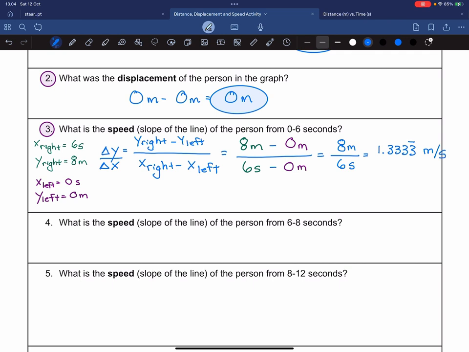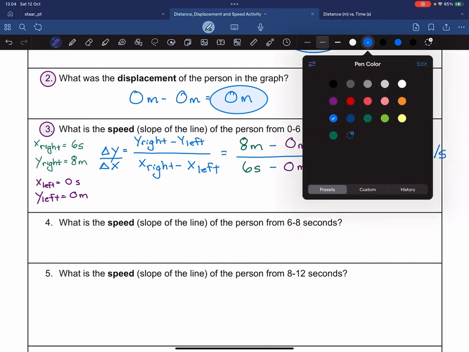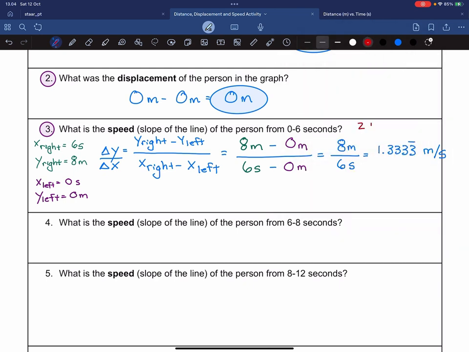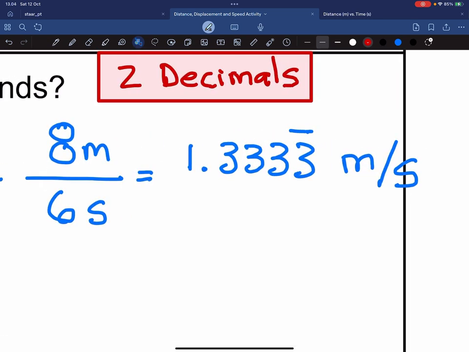All right, now I'm almost there. I want to report this to 2 decimals. All right, so that's going to be my reporting, is 2 decimal places.